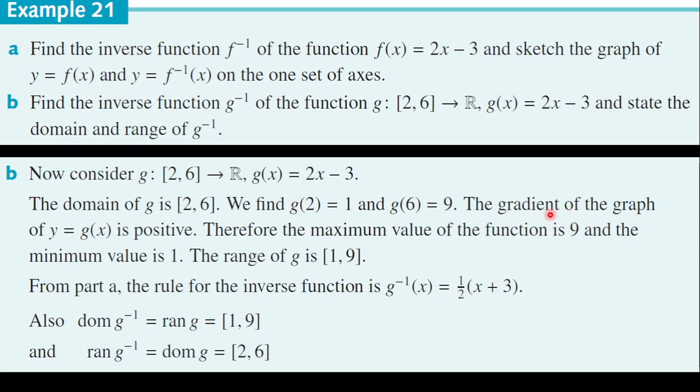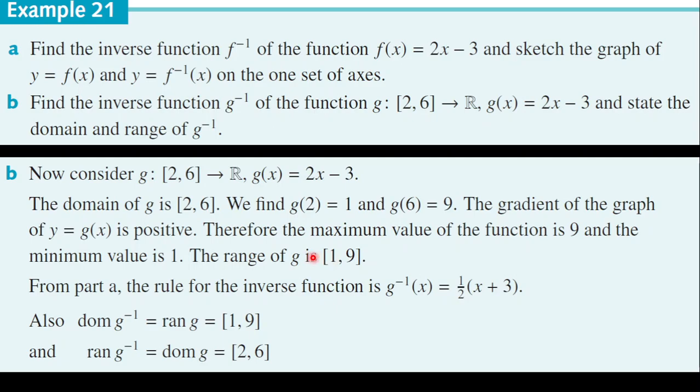But here is an explanation from the rule. The gradient is +2, which is positive. It means the function is increasing, so the minimum will be 1 and it will increase towards 9. So the range is therefore 1 to 9 included.